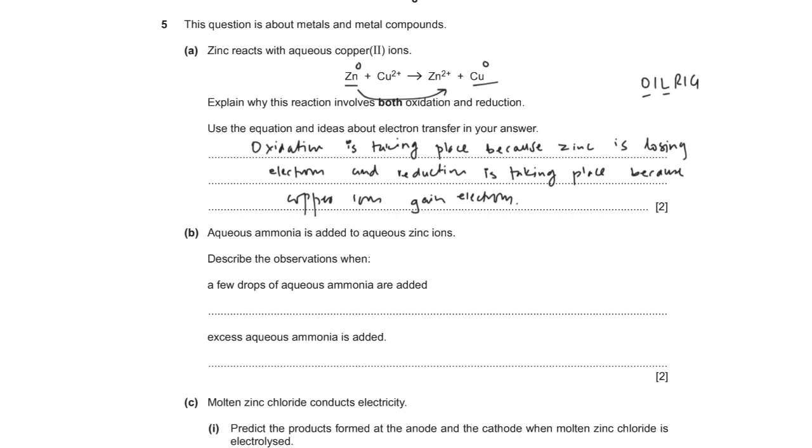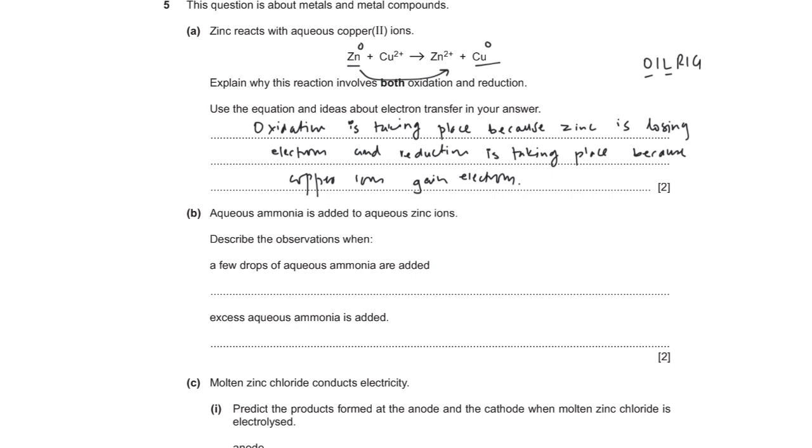Okay. Aqueous ammonia is added to zinc ions. Describe the observations when a few drops of aqueous ammonia were added. So zinc gave white precipitates with aqueous ammonia. You can say white ppt. This is the only short form that you can use. In O levels, only precipitate is allowed to be written as ppt. You cannot write mp or bp, but you can write ppt.